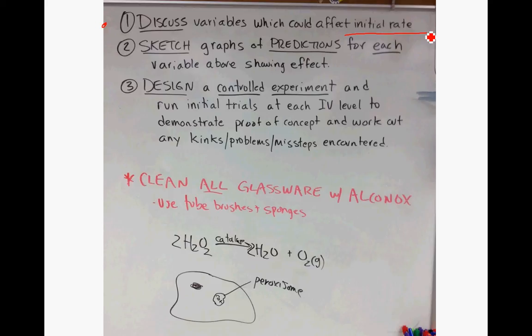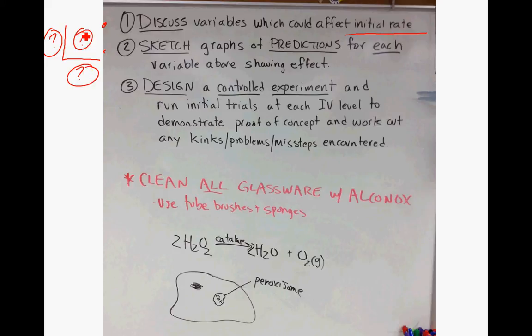Then having you sketch graphs for the predictions for each variable showing those effects. And so we had what was going to be over here and what was going to go here, and then what would the curve look like. Okay, so what are we trying to measure in the lab there? Over what conditions are we trying to measure it? And then what would your predicted curve look like?